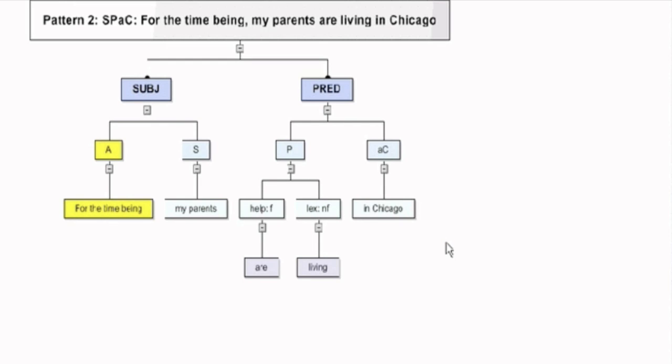So this represents the sentence pattern for the second one. As I mentioned, later on we'll be analyzing these parts further, but for the time being, this will do. This is the end of the first part of these recordings.